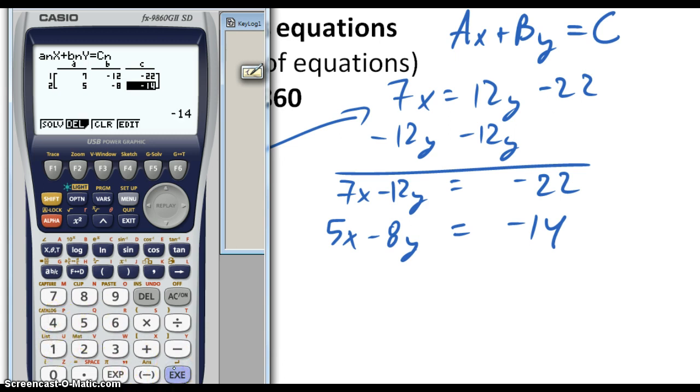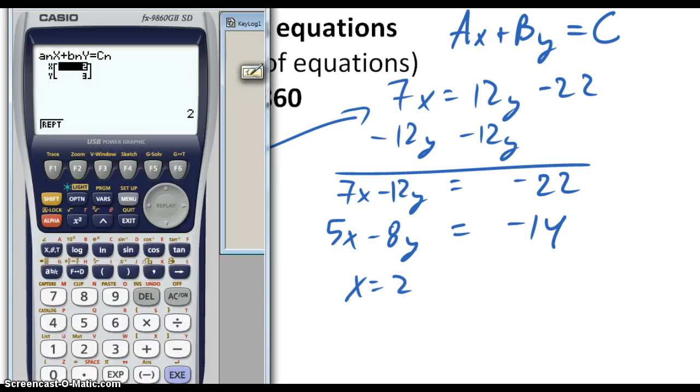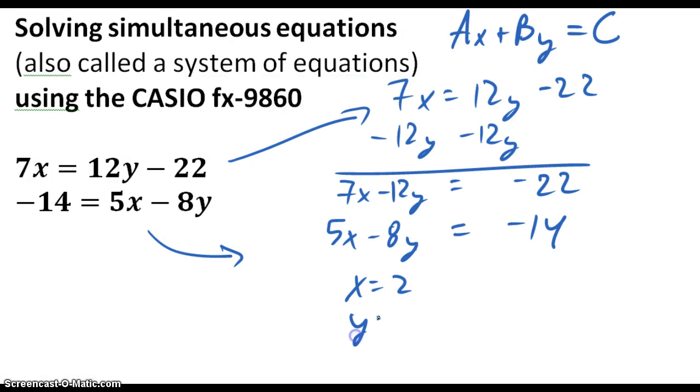So all we have to do is enter that in, hit EXE again, and it gives us the two answers. So in this case, x equals 2, and y equals 3. Also, you could write it as 2, 3. Now, if this is part of a word problem, obviously you're going to write the answer with the answers to the word problem. Okay? Easy, right?